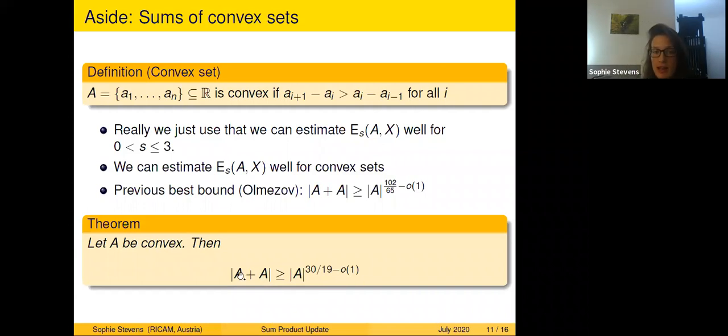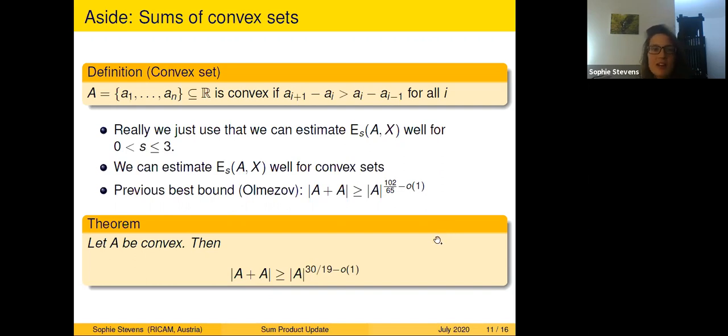And this 8 over 5 for differences is something which has been known for many years, a result of Konyagin and Shkredov. So we can match their result, but we can't improve it, which, even though we're using a different technique, is quite interesting. It really is a threshold bound.